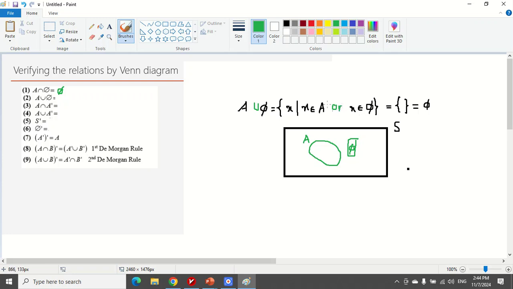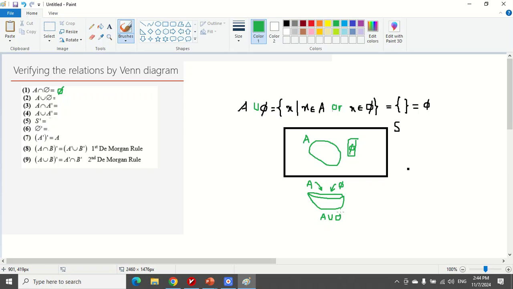When we put or, it means that we put both of these things in one bowl. It looks like we have one plate, and we put the elements of A inside of it, and we put the elements of phi also inside of that set. When we put both of them in one bowl, that is A union phi.